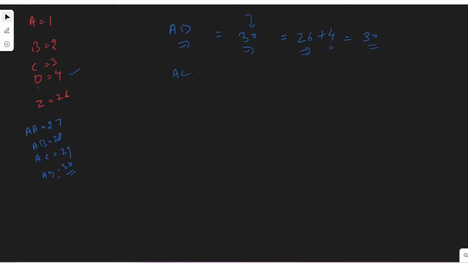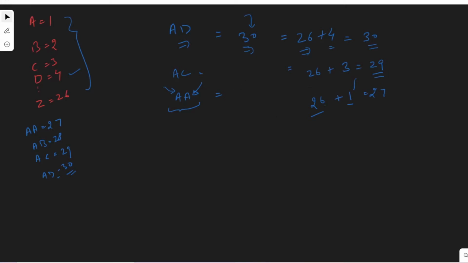Similarly, for AC, C represents 3, and then 26, which gives 29. Similarly for AA, A represents 1 and then the 26 characters, so that comes out to 27. So you can see that in this column title, the last character we take as the value in this series, and then we somehow add 26 here.